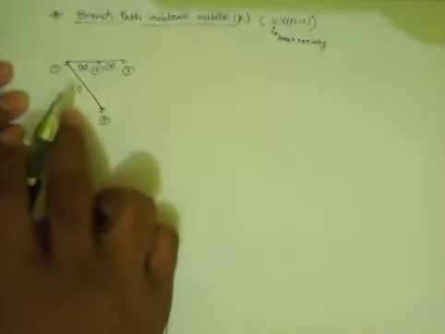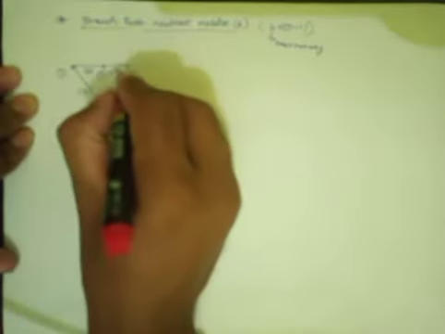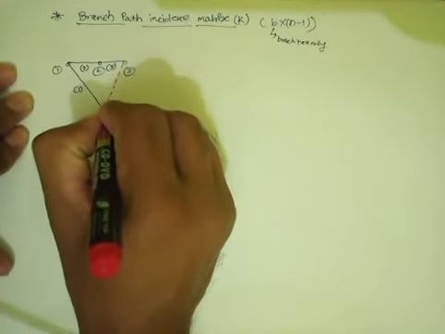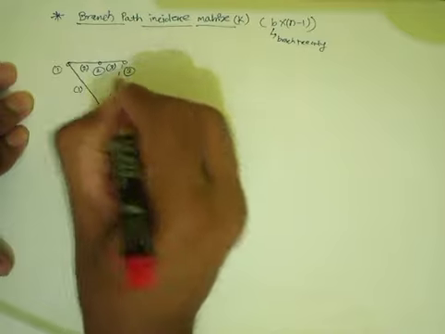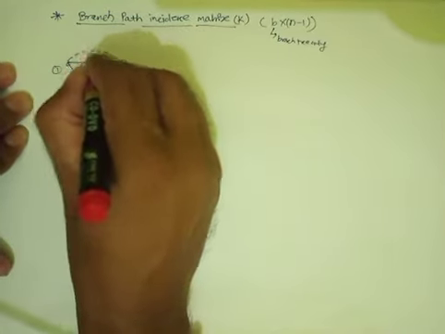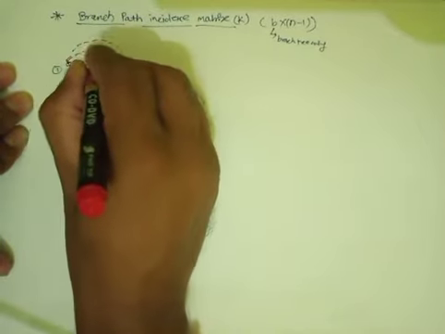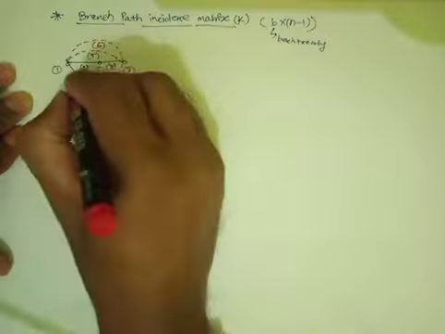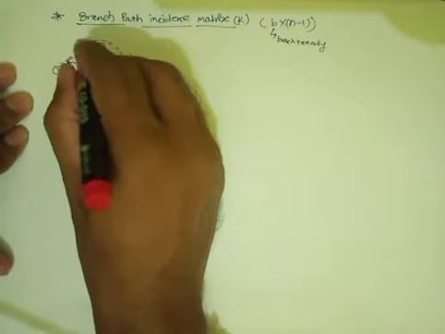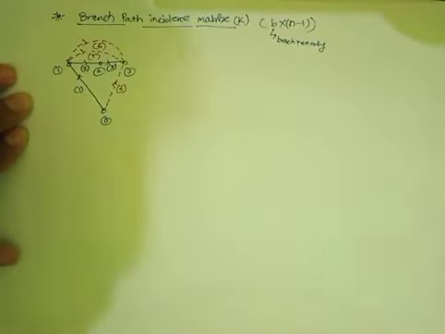So this branch 1 2 3 means the branches of tree only. Now remaining are your links, that is branch number 4, branch number 5, and branch number 6. These are the orientations or directions which we assumed earlier.